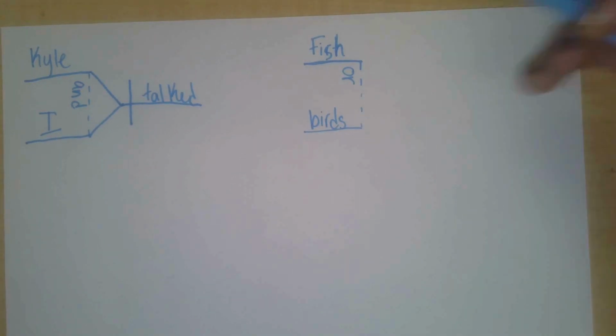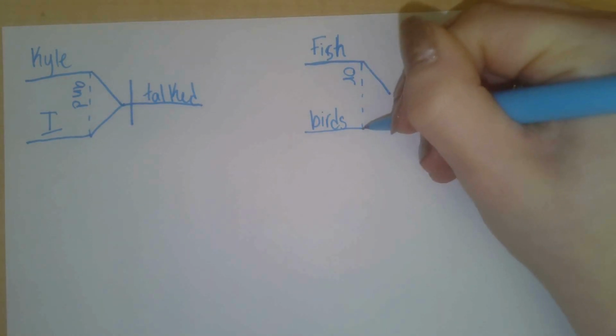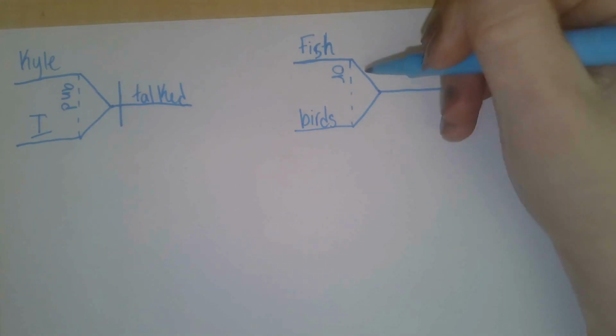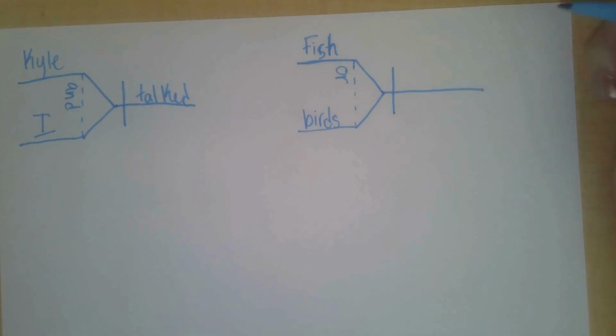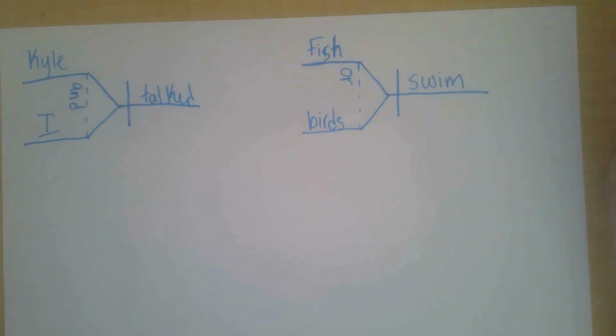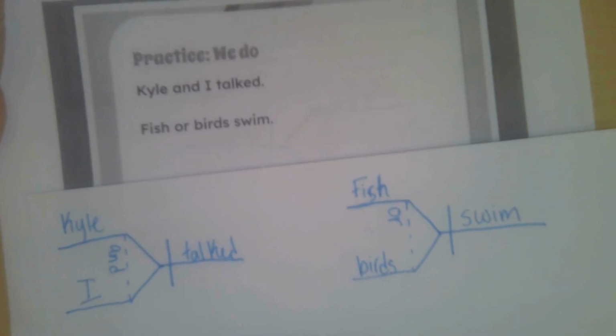Birds. Combine it back to one horizontal line. And then we need our vertical line to separate the verb. And our verb in this sentence is swim. So that is how you would diagram those sentences.